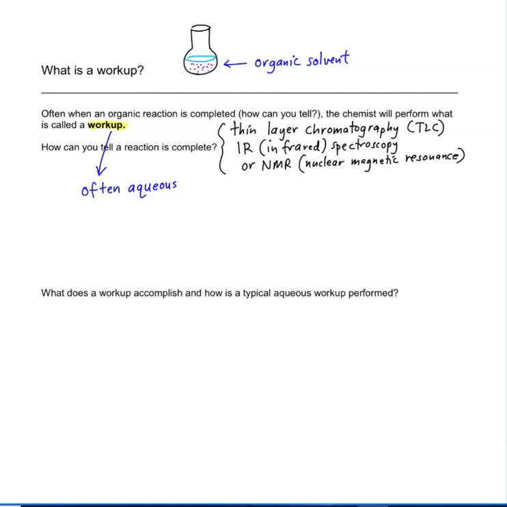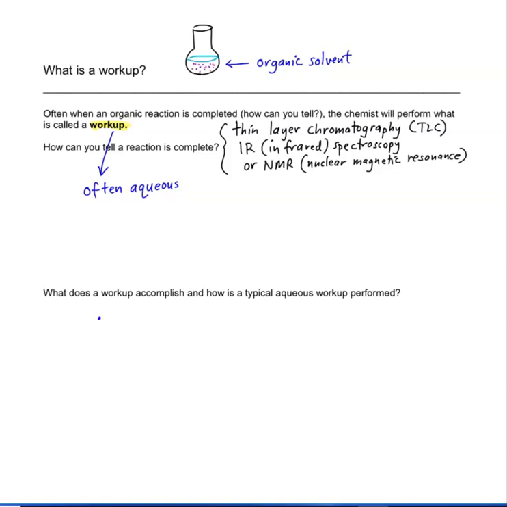So you would use an aqueous workup by adding an aqueous solution, and that could be just water. So water by itself, or it could be aqueous acid, or it could be aqueous base.